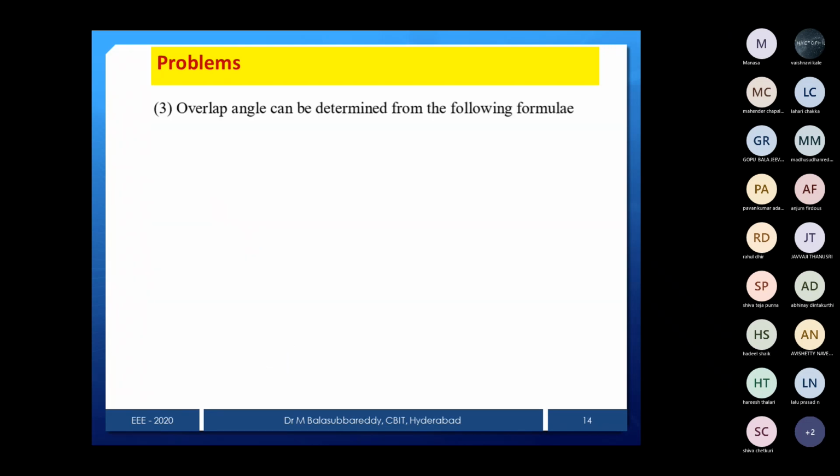And another one, the overlap angle. The overlap angle uses the same formula, but make use of a plus. VDC is equal to 3 root 3 Vm by pi into cos of alpha plus mu, plus 3 omega Ls by pi into Id.